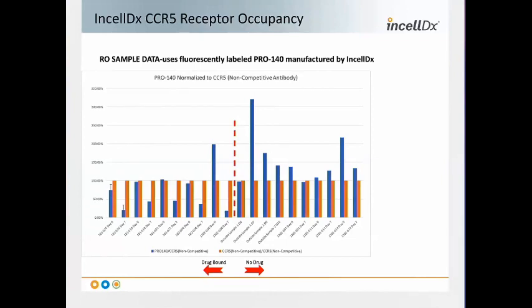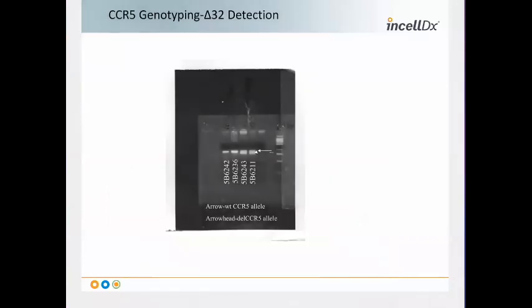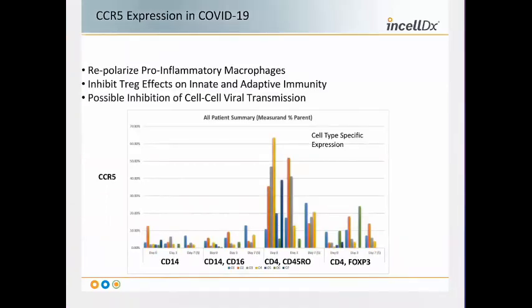So we could calculate exactly the number of receptors on each of these cell types, the CD14 monocytes, the CD14, CD16 macrophages, the effector memory T cells, CD4, CD45RO, and of course the Treg cells, the CD4 FOXP3 T cells. This was a critical reagent to help us figure out the correct dosing.